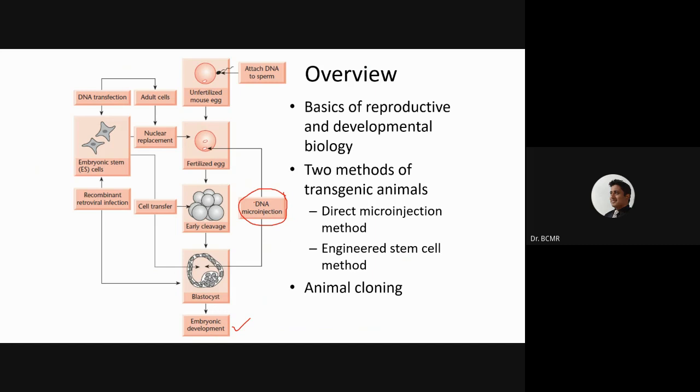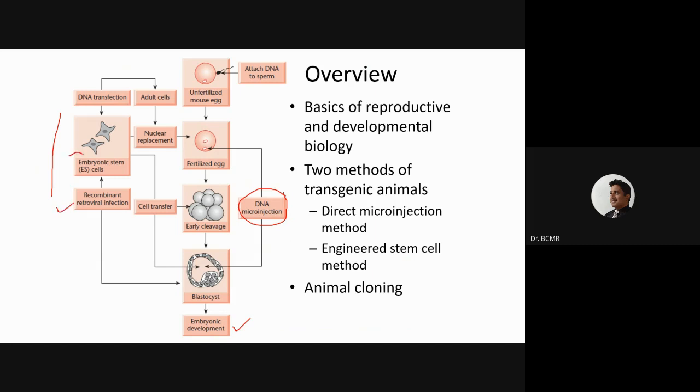The second one is the engineered stem cell method. It is a complex process. We have to make the recombinant DNA in the vector.